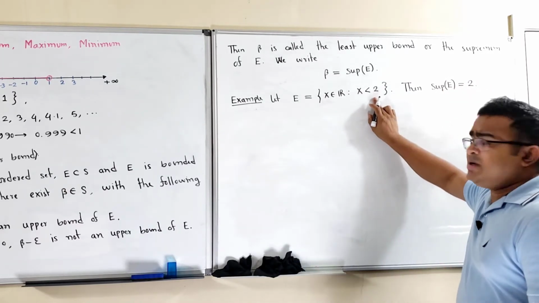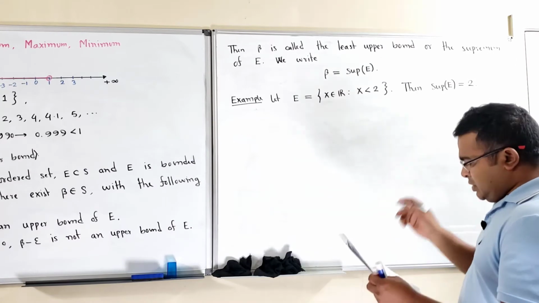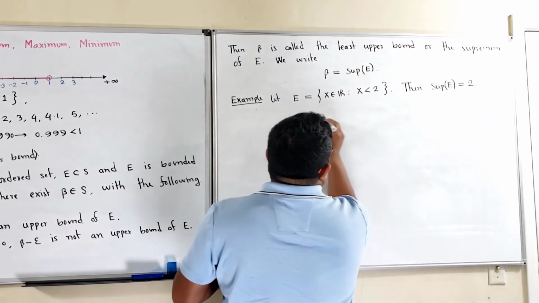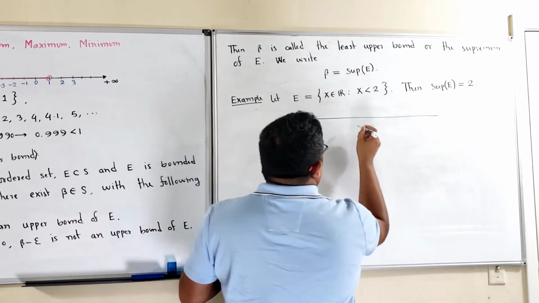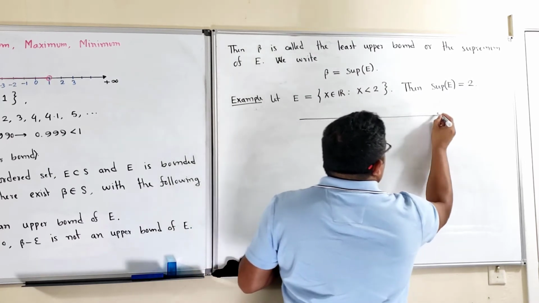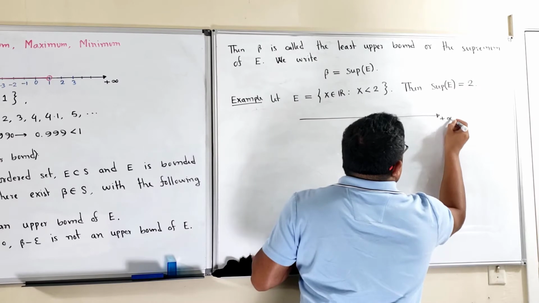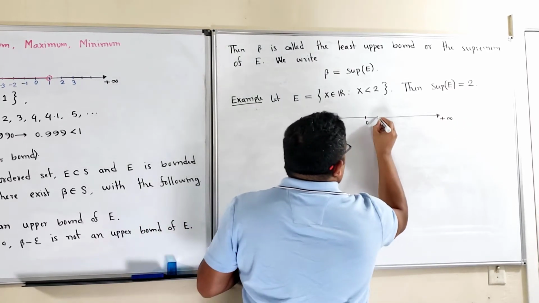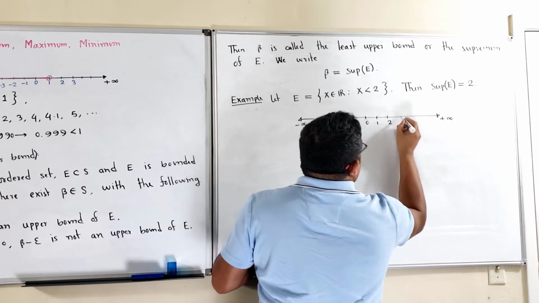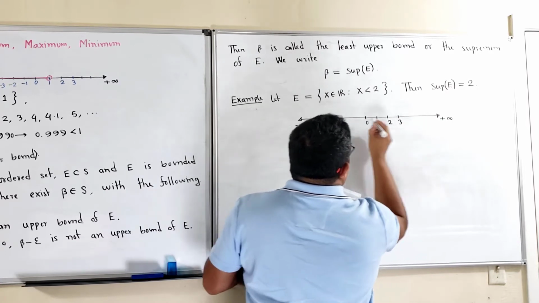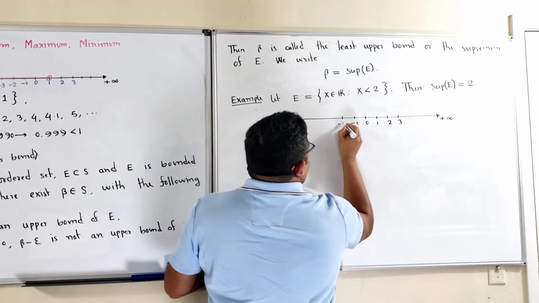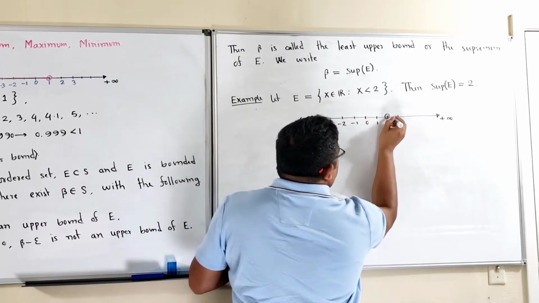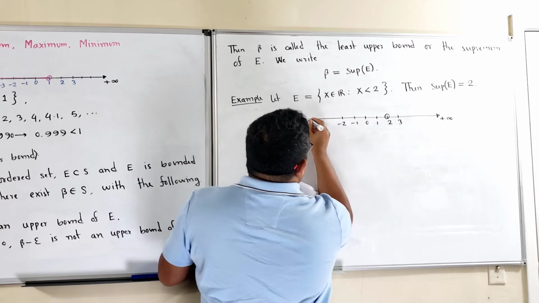So this 2 is the supremum. If we draw the number line, it would be like this. So this is 0, this is positive infinity, this is negative infinity, 1, 2, 3, negative 1, negative 2. So x less than 2. This is our set.